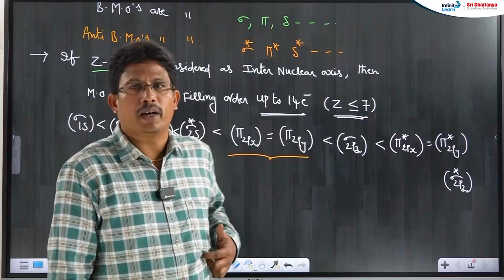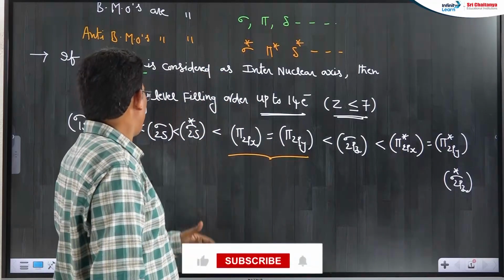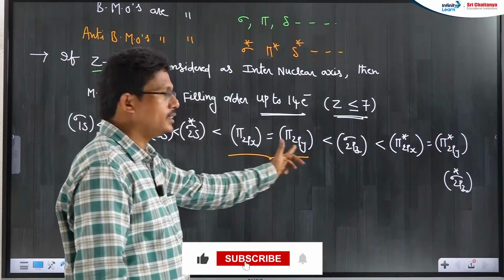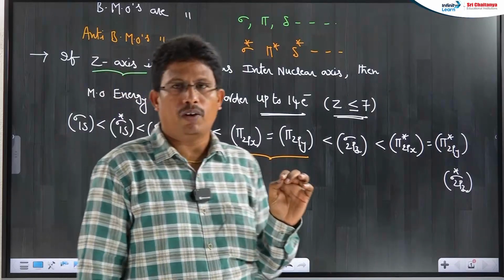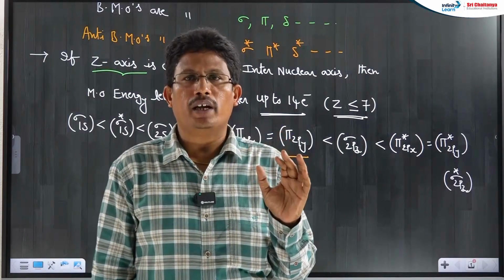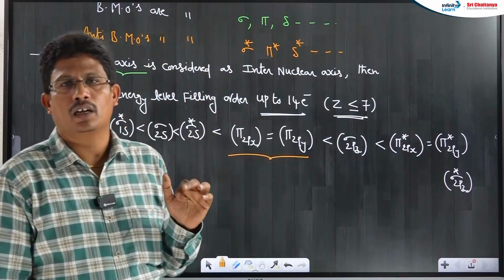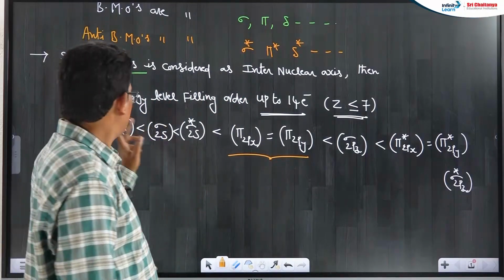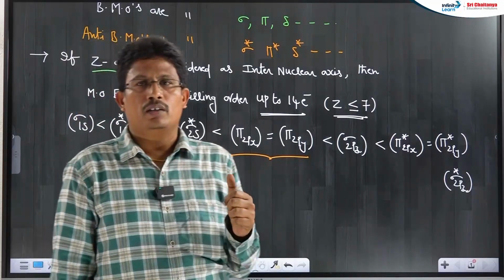It is based on spectroscopic studies. Based on spectroscopic studies, the molecular orbital energy level order is like this. While writing this order, follow first bonding orbitals, next anti-bonding orbitals, because bonding orbitals have lowest energy. That's why they are filled first, followed by anti-bonding orbitals.